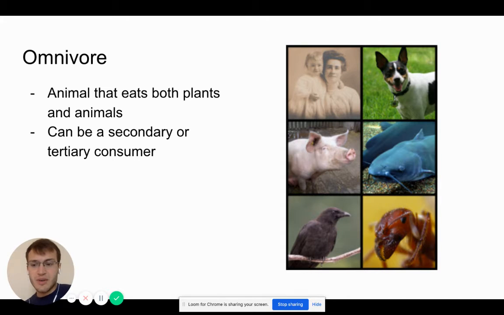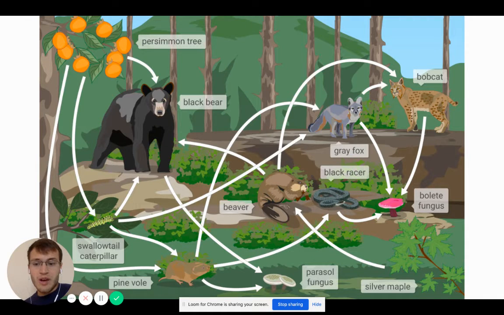But what I want you to do is pause the video and find the omnivores in these ecosystems. So where is the omnivore in this food web? So please pause the video.